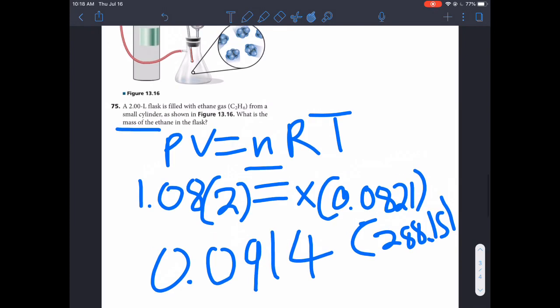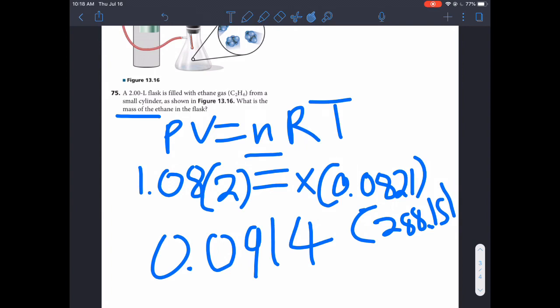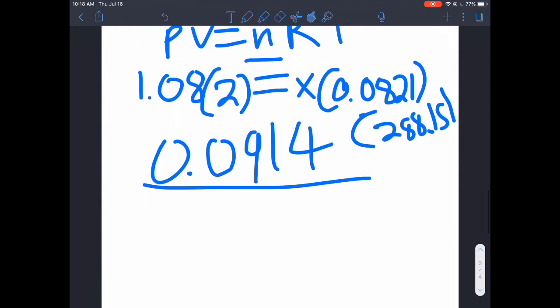And then it's asking us to find the mass, so that's in grams. So this number right here, right now, is in moles. So we're going to have to convert that over.